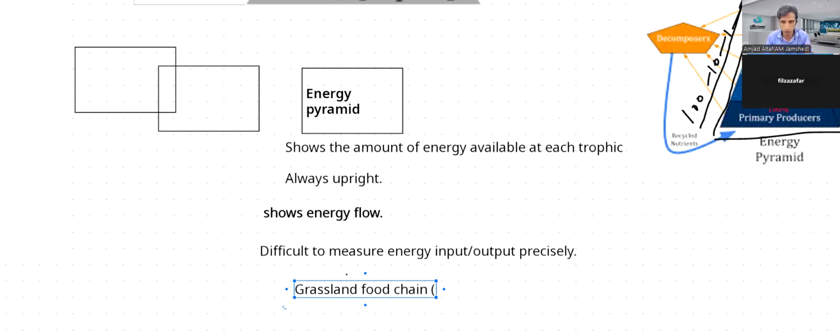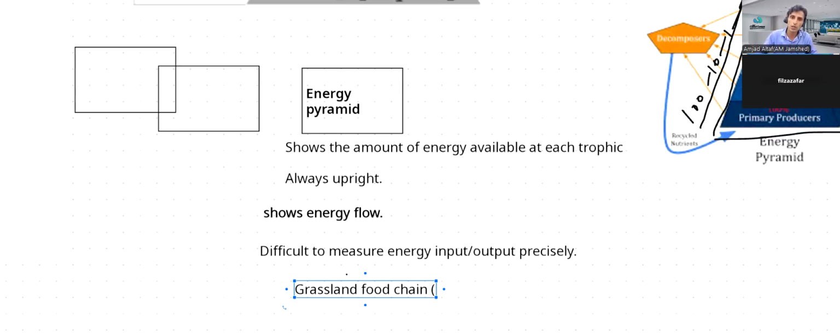Grass is a producer, and that will be utilized by a goat, cow, or any other animal. And that animal will be utilized by humans or any higher animal, suppose a lion or any other carnivore, and that carnivore is even preyed upon by another strong animal. So this is the flow of energy here.